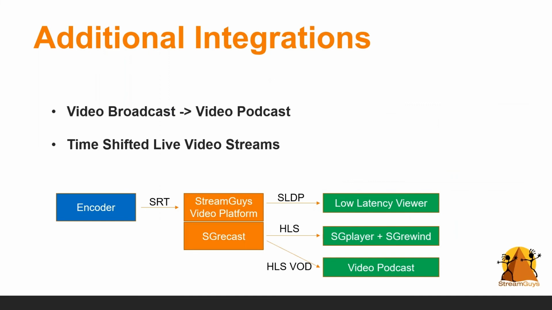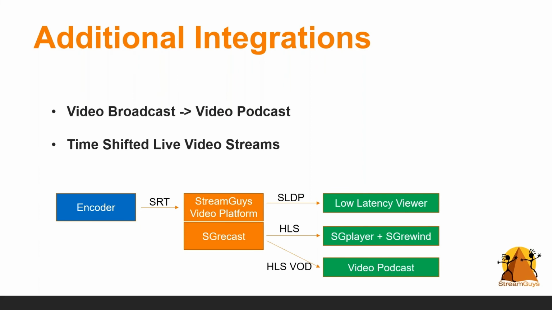Now, this wouldn't be a StreamGuys webinar if we didn't talk a little about SG Recast, our flagship product for content repurposing. Now, you might be wondering, just how does SG Recast tie in with what we're talking about? Well, if you wanted to archive any of your live audio content as video on demand, SG Recast can automatically create HLS video on demand files and add them to RSS feeds.